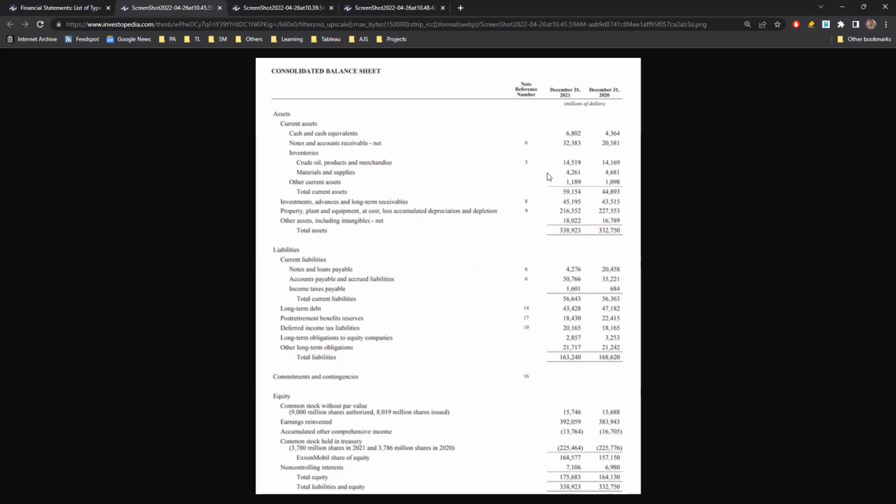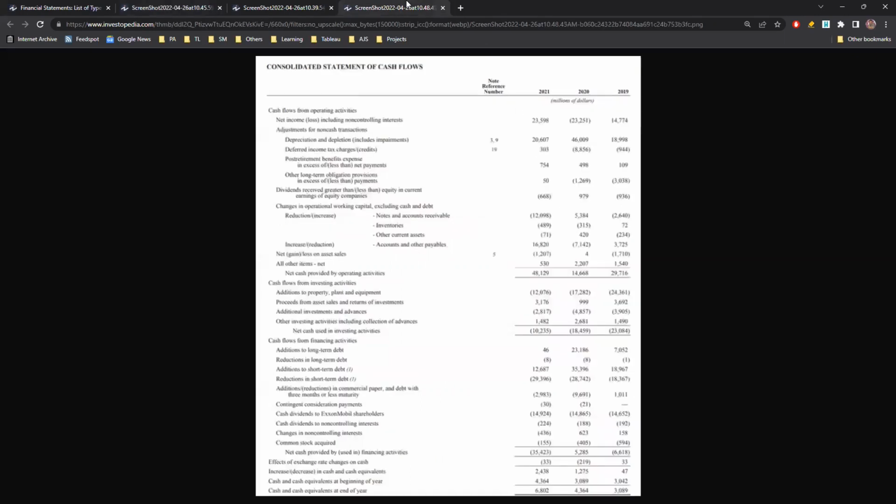But if there is no long-term investment in plant, property, equipment and things like that, then you need to delve deeper, because management will typically invest in the company for it to generate returns. If there are no long-term investments, it's going to be a question.